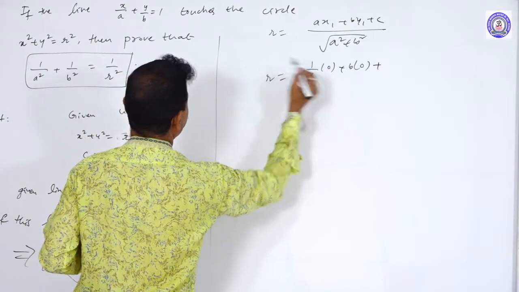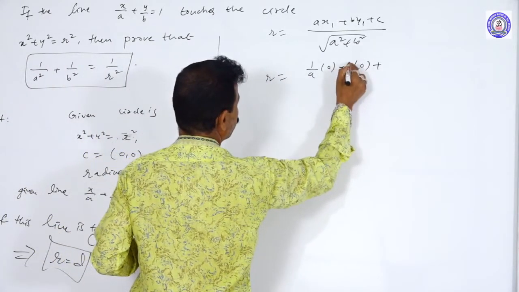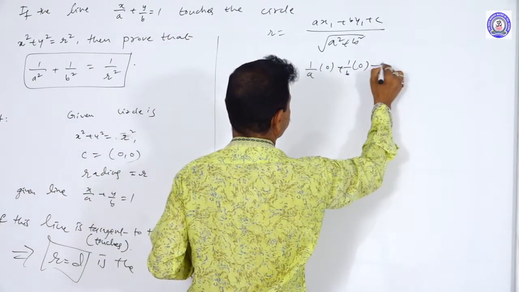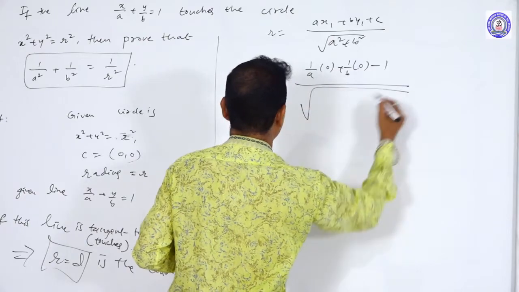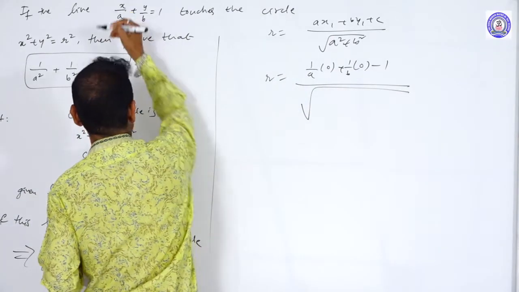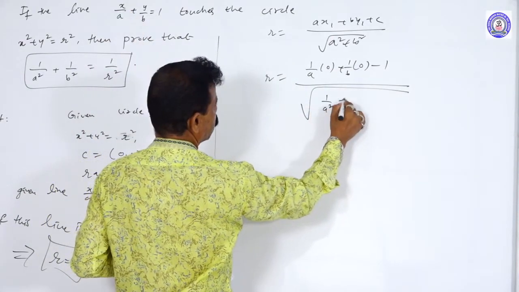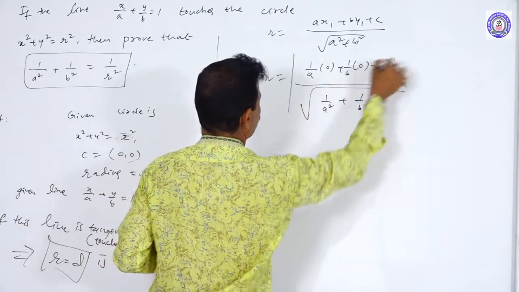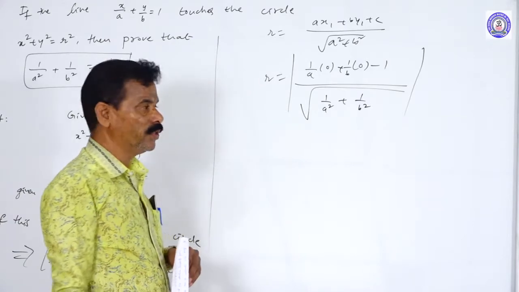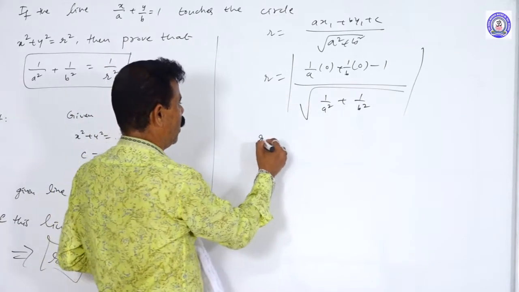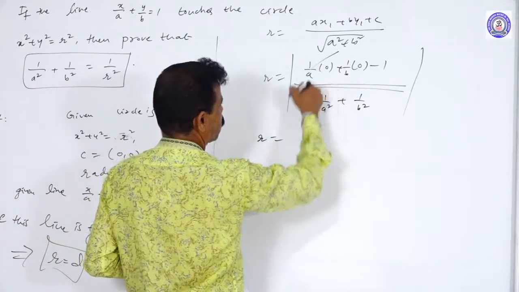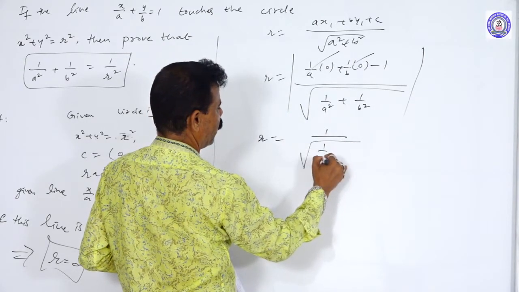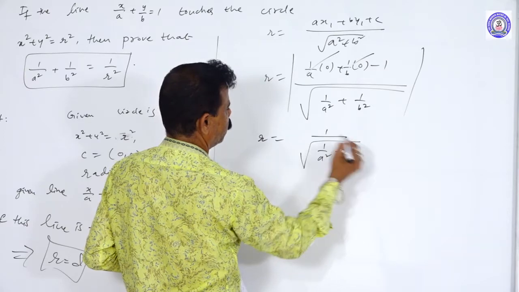1 by a into 0, 1 by b into 0, plus c is the minus 1. Division of under root of a square plus b square. A square is the 1 by a whole square plus 1 by b whole square. At the modulus, distance is positive, that's why it is taking positive. R is equal to 1 by under root of 1 by a square plus 1 by b square.